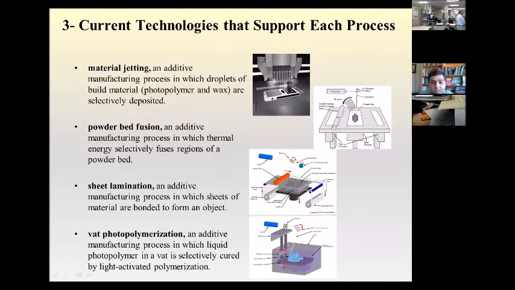Then we have sheet lamination, where you have a solid sheet that you bond to the previous layer and then cut with a laser. And finally, you have a liquid starting point, a resin, a photosensitive liquid that is solidified by shining the laser. So all these processes can make parts with a variety of qualities and cost.